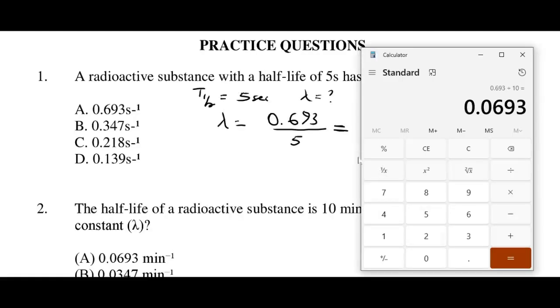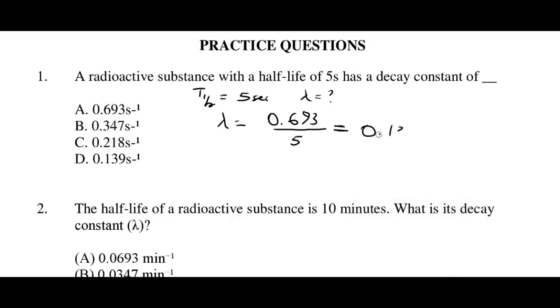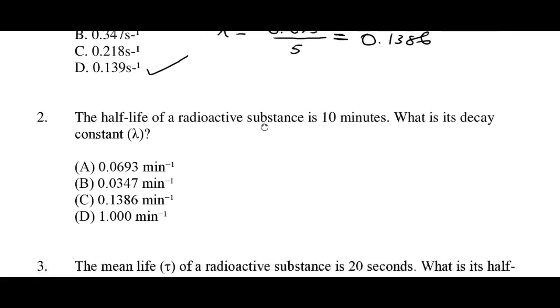So simply, you press 0.693 divided by 5. You're going to have 0.1386. To 3 decimal places, you have 0.139. And that makes option D the correct answer.